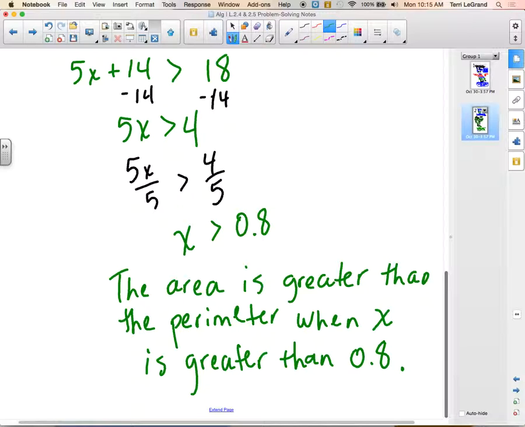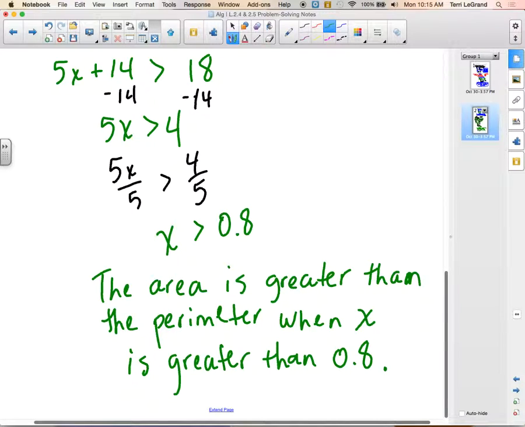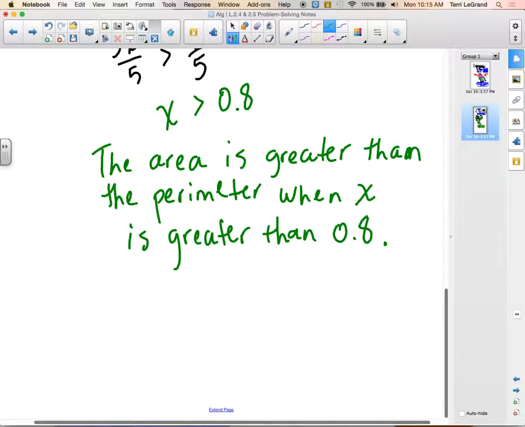That's what that tells us. What if x was 0.8? How would the area and perimeter be related then? They would be equal to each other.